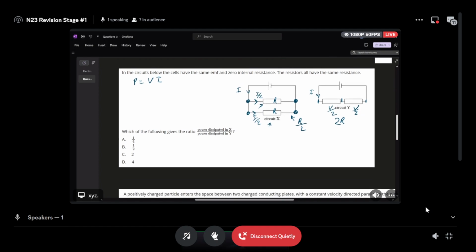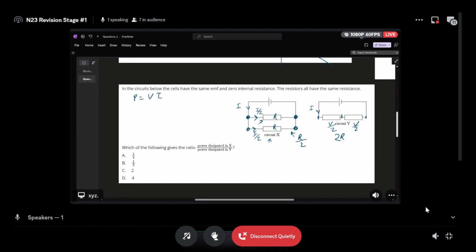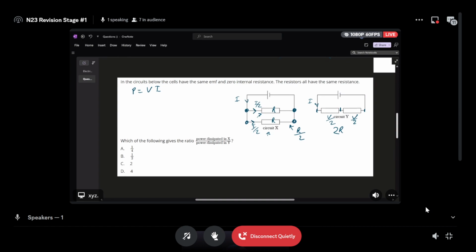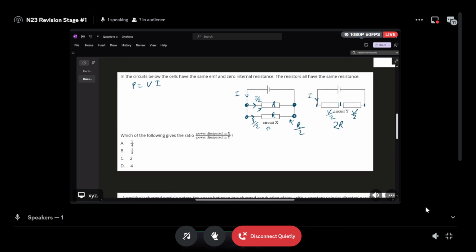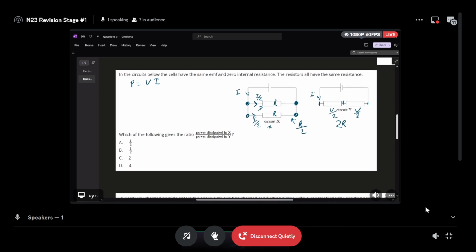And the power dissipated is simply going to be: power in circuit X over power in circuit Y is equal to VIx over VIy.